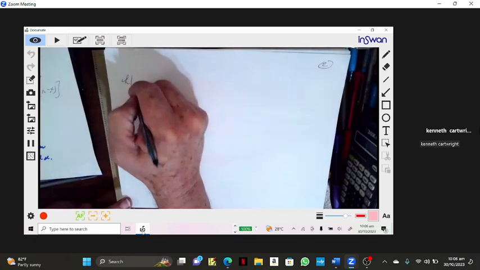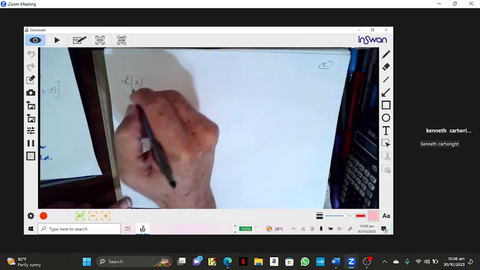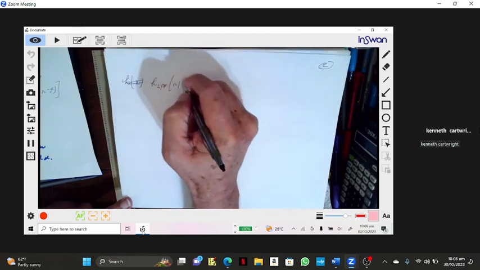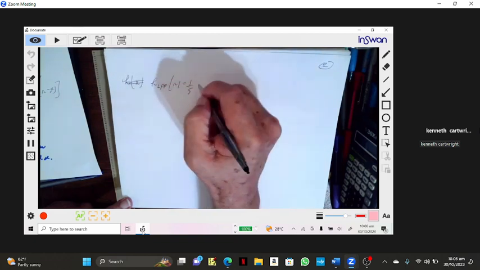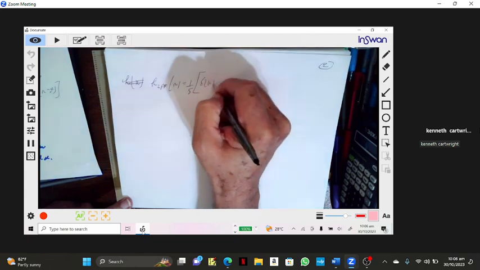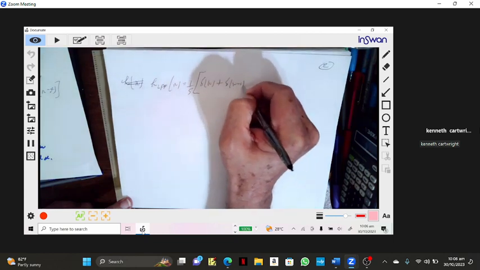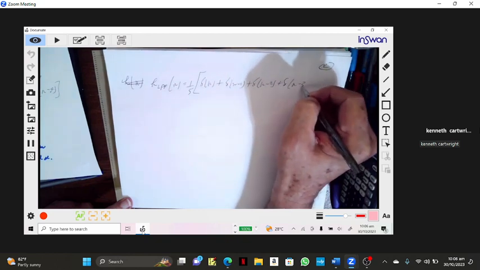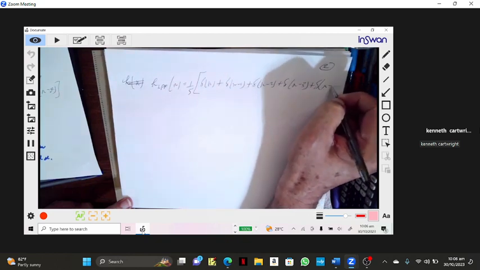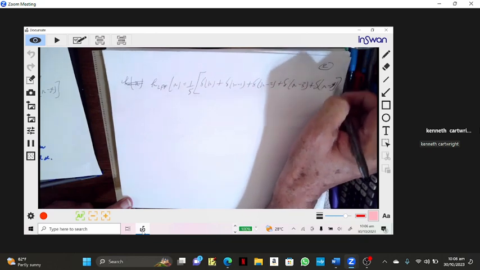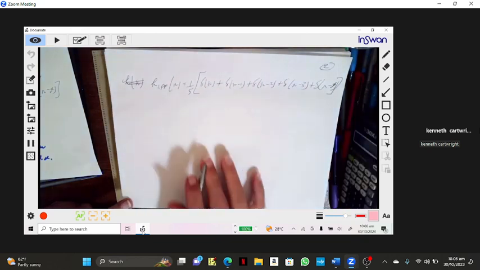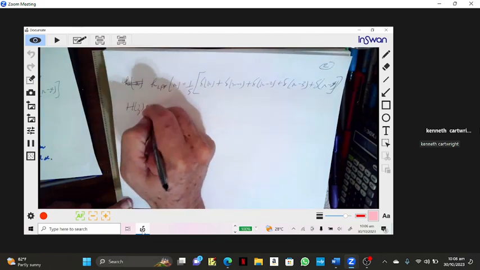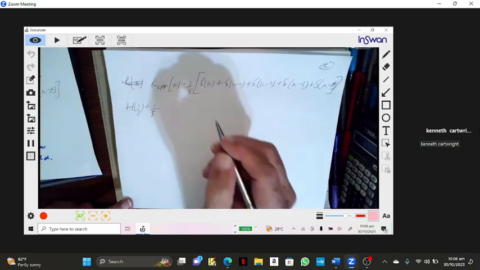So this is the impulse response of the low-pass filter. So the transfer function is simply this.